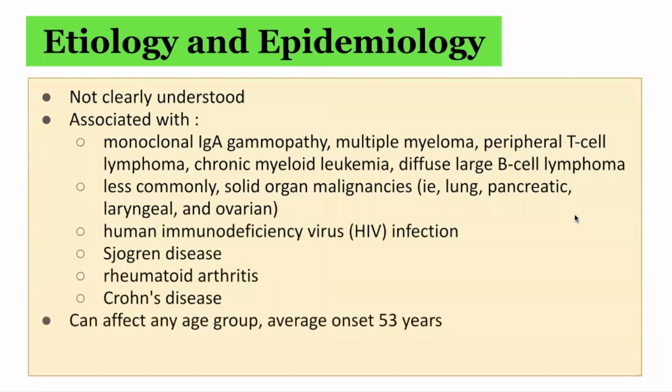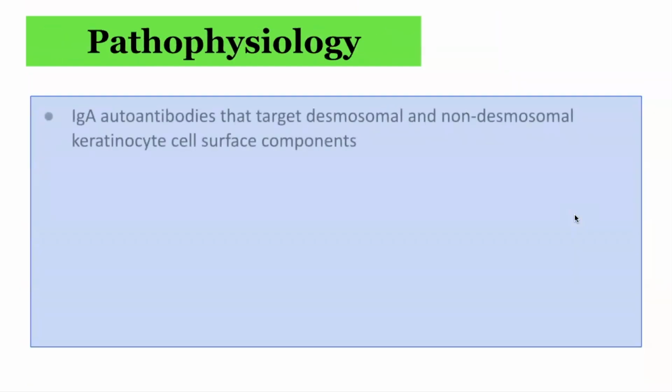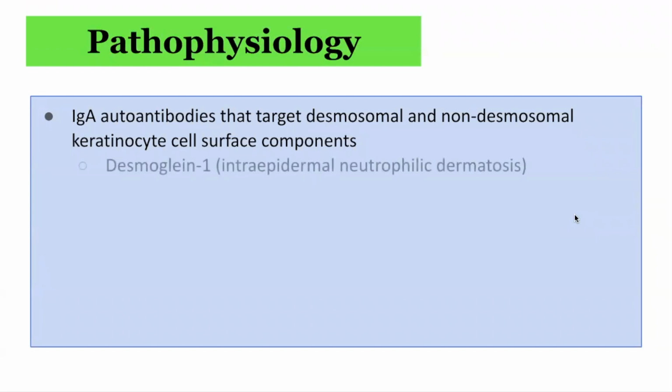It can affect any age group, and the average age of onset is 53 years. It generally affects males and females equally. In terms of the underlying pathophysiology, IgA autoantibodies target desmosomal and non-desmosomal components of the keratinocyte cell surfaces.